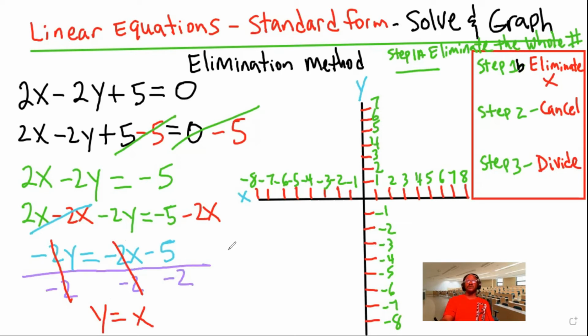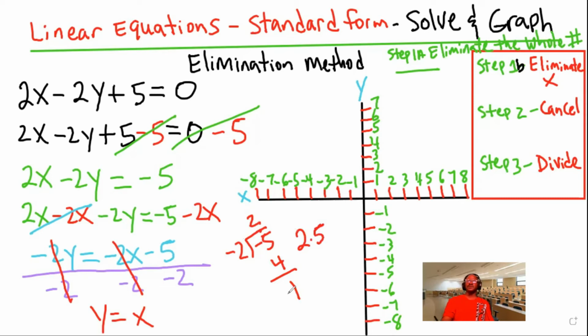Now, this is actually doing this. -2 goes into 5 2 times, okay? And it's a positive 2, right? Because a negative times a negative is a positive. So it goes in 2 times. 2 times 2 is 4. We have one left over. So what we have is a positive 2.5.